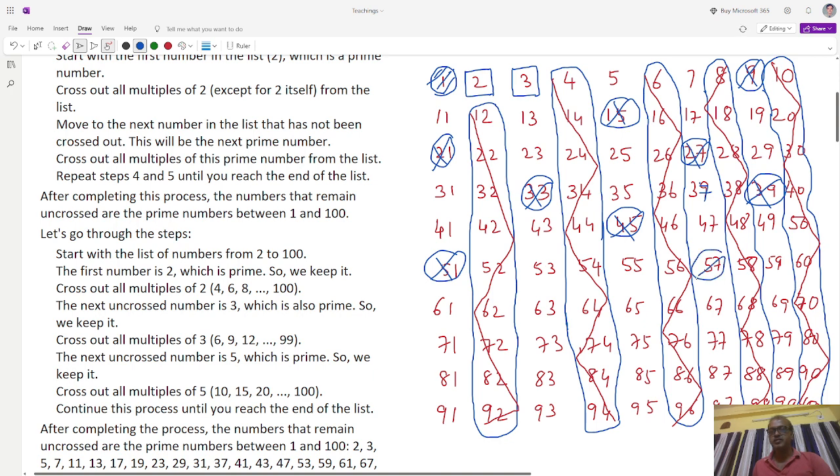Then 57. These are all the multiples of 3.